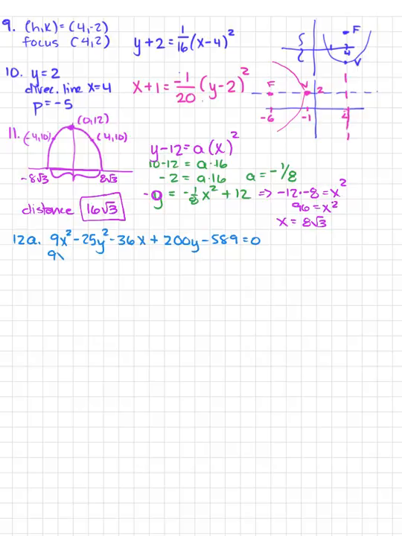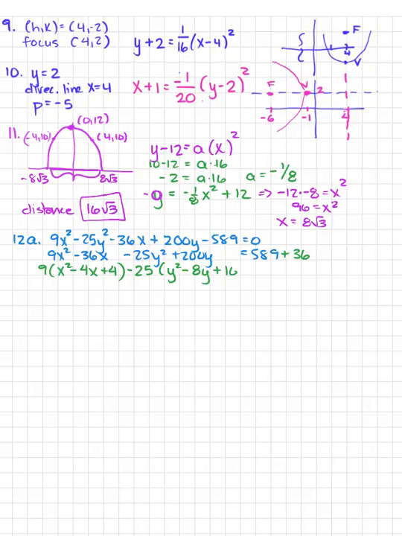We're going to reorganize: 9x squared minus 36x minus 25y squared plus 200y equals 589. We start to factor out the 9, so this will be x squared minus 4x plus 4, so that means I'll be adding 36 over here.